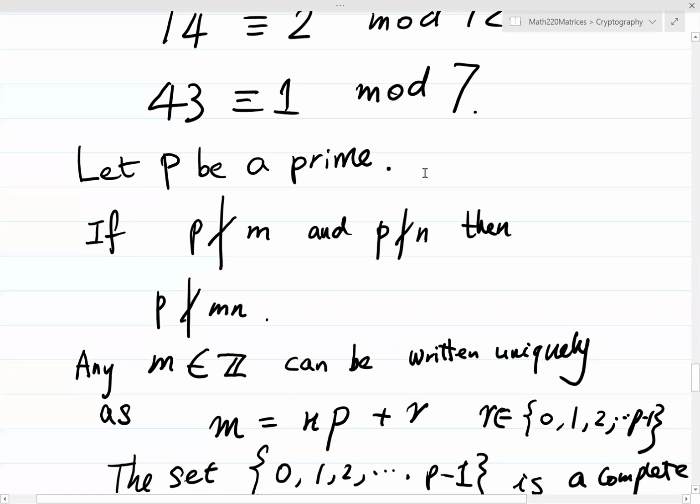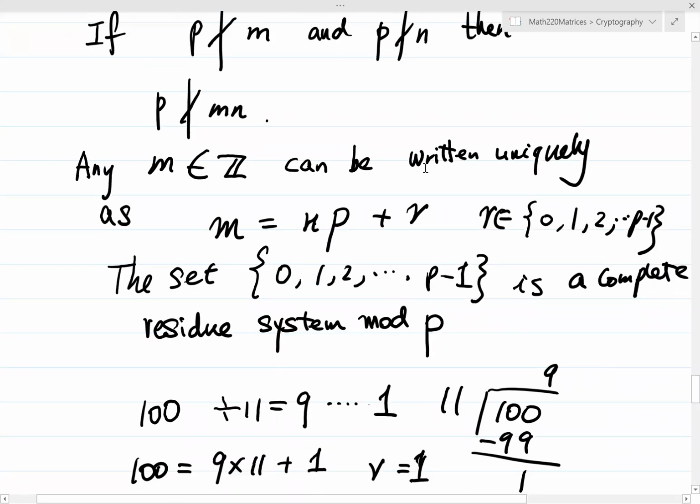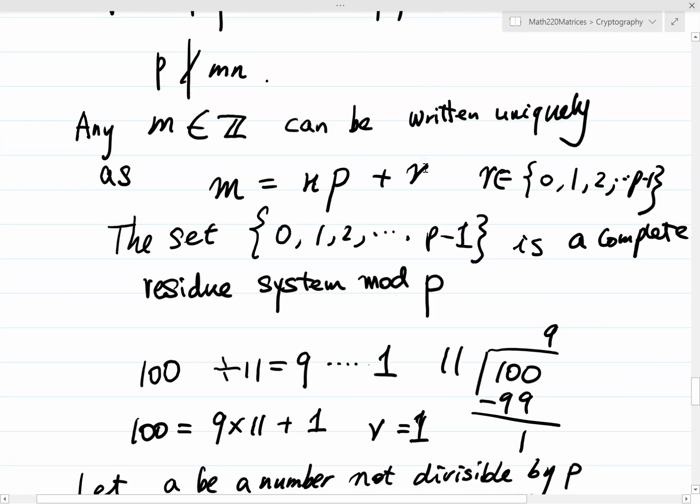If we reduce an integer modulo a prime P, we have a complete residue system modulo P, from 0 to P minus 1.